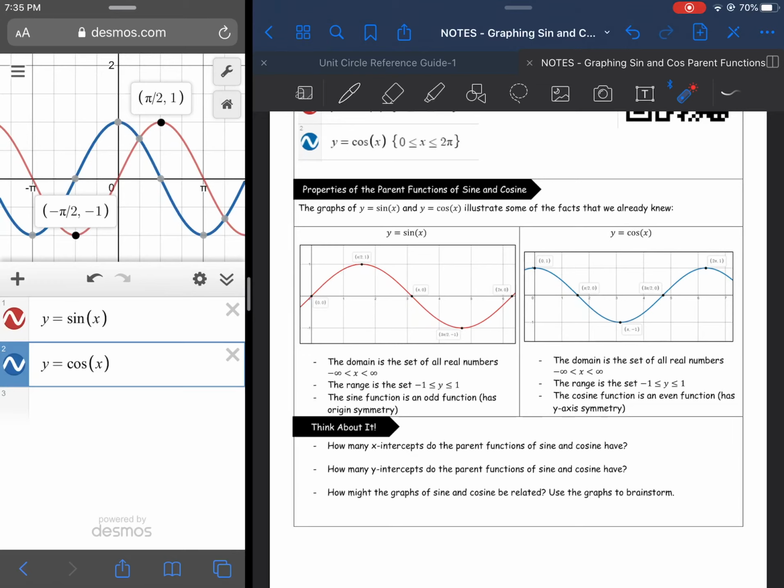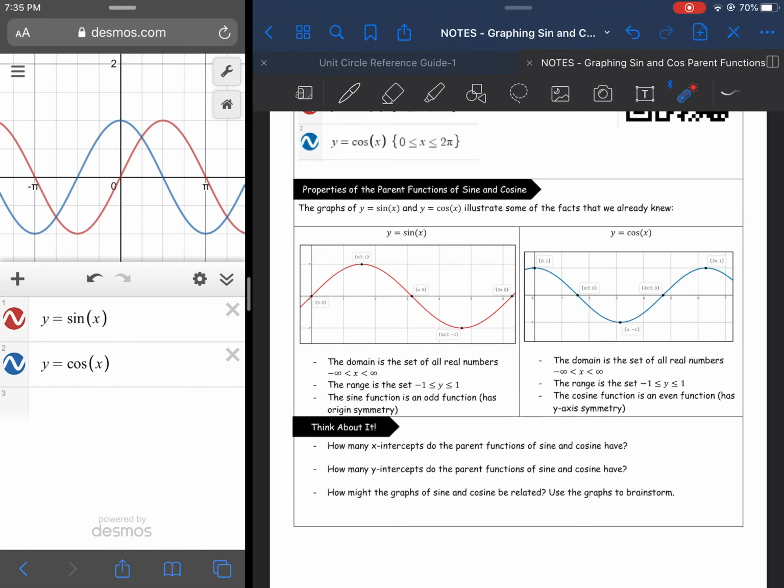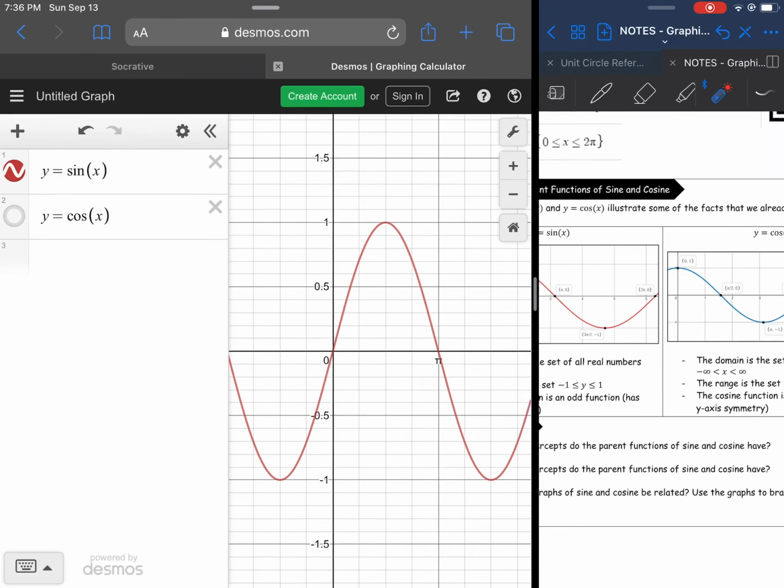The other thing that we can see, and we will look at these functions individually for this, if we look at our sine function, we talked about odd symmetry, and a function has odd symmetry if you have symmetry with respect to the origin. And if we look at the sine function here, I'm going to make Desmos a little clearer.